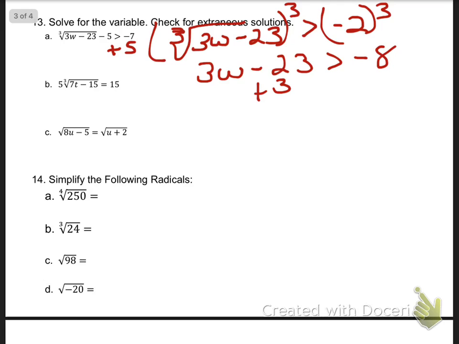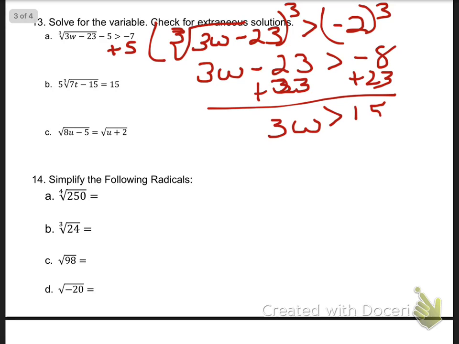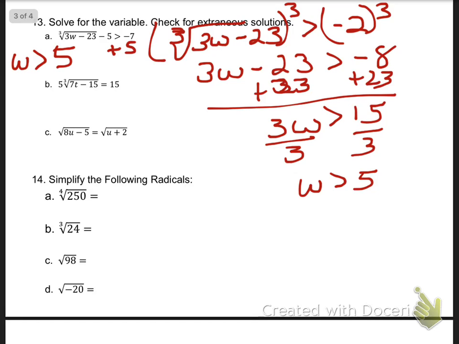Add 23 to both sides. And I get 3w is greater than 15. Divide by 3. And I get w is greater than 5. Now, because it's a cube, we do not have to check for extraneous solutions, only square roots.